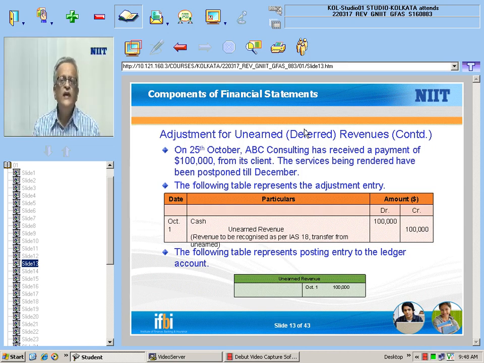The liability account, unearned revenue, is credited with 1 lakh because this money has been received in advance. No service has been provided. Service will be provided only in December. Only then can you credit your revenue account, not before. So this 1 lakh is kept under the liabilities account. Now let us see what happens next.